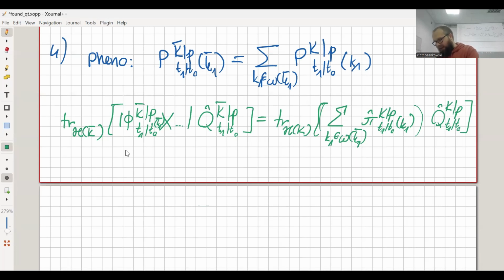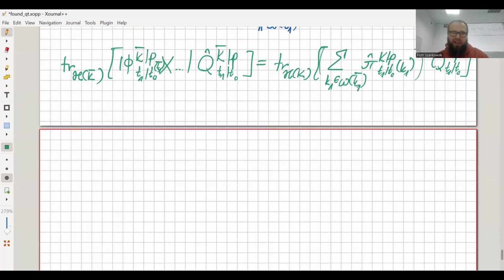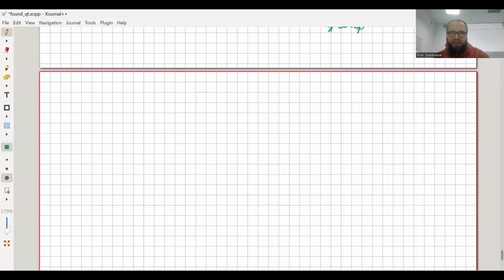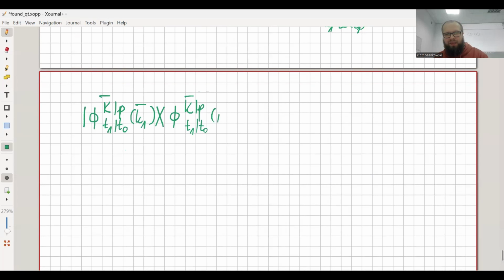If this is the choice we are making here, then this would mean that we take our projector, 1 bar, in a smaller Hilbert space, and we map it onto a projector in the larger space.